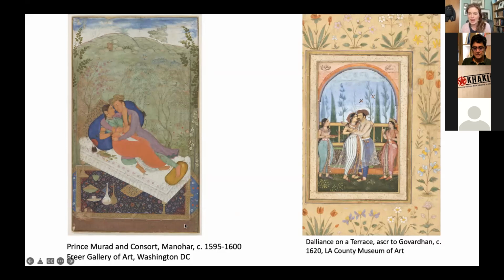And then on the right hand side, we have Govardhan's painting of a dalliance on a terrace, which very clearly shows the portrait of Jahangir, I think, here. And to me, the female figure there seems to be a representation of his favorite queen, his 20th wife, Nur Jahan.